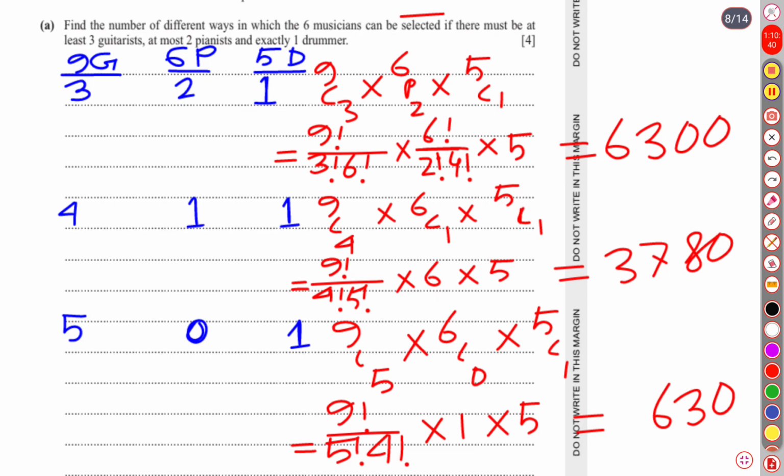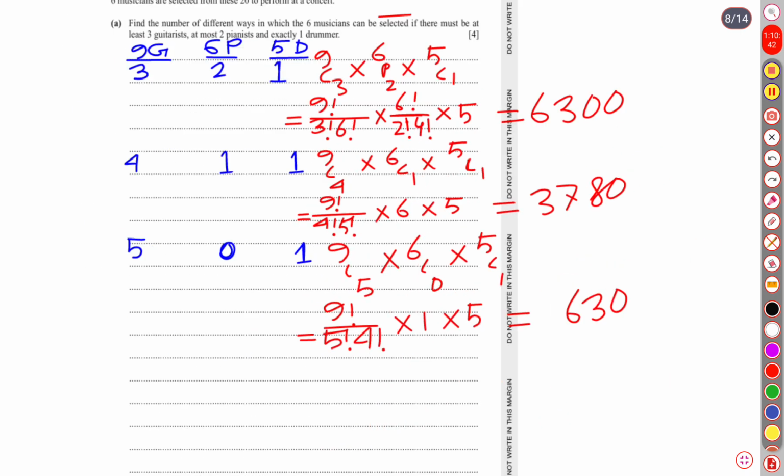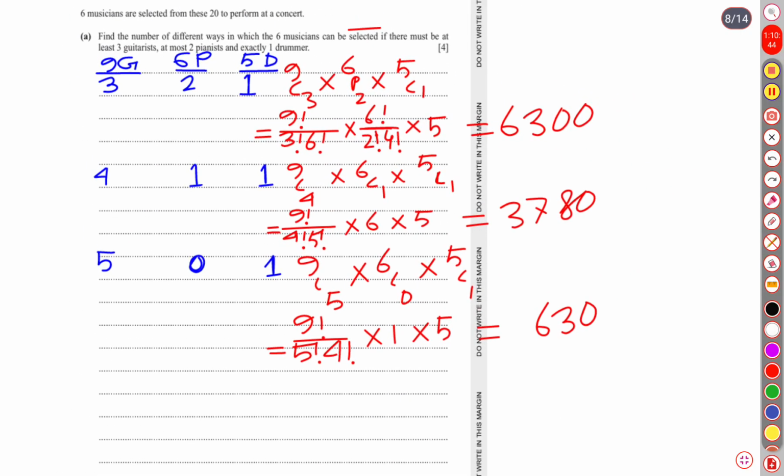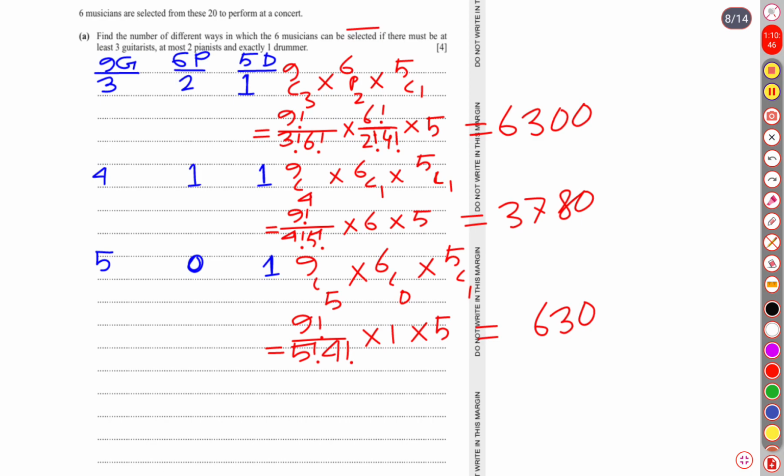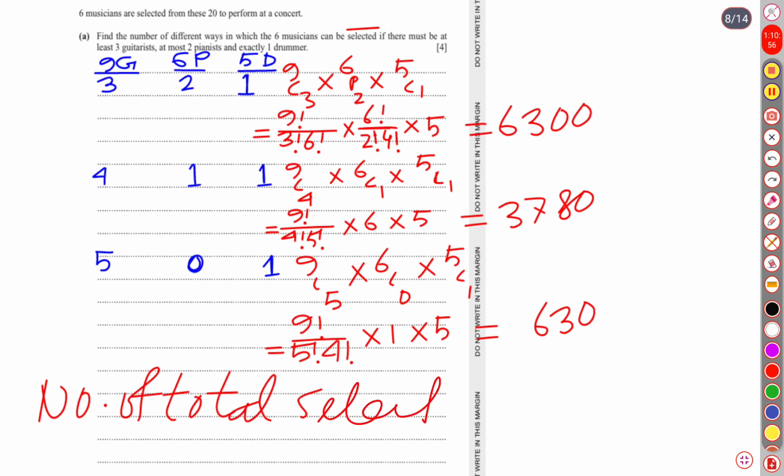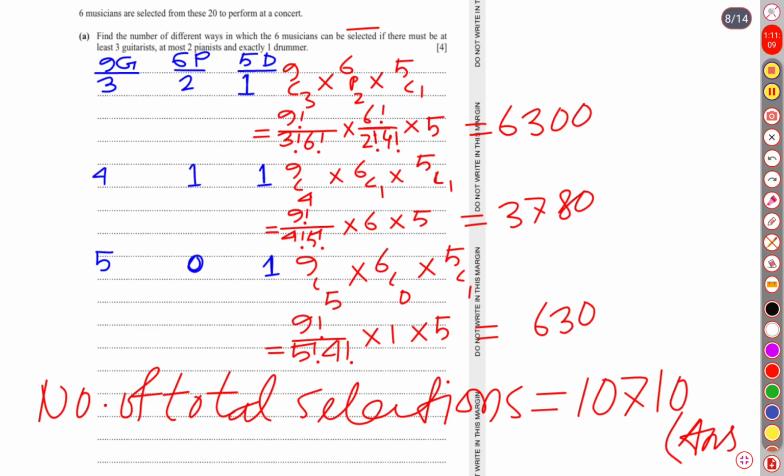Now if we write our number of total selections, if we add up all of this, it is going to be 10,710, and that is the final answer to this question.